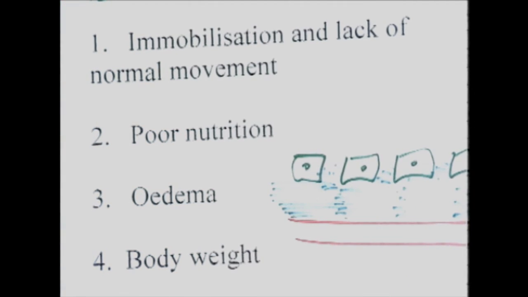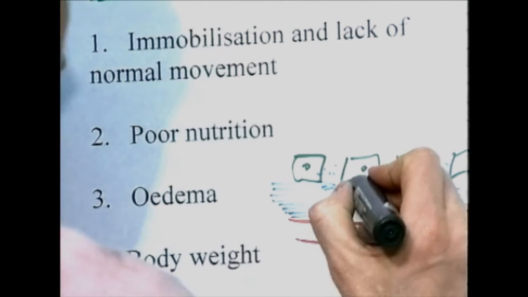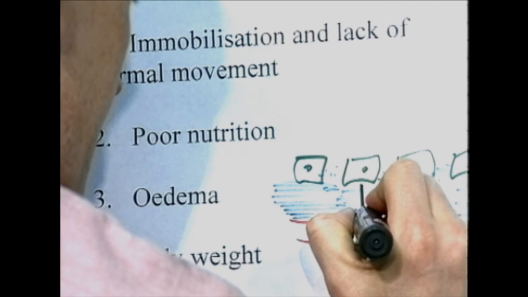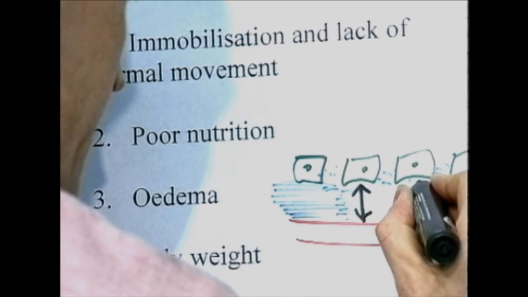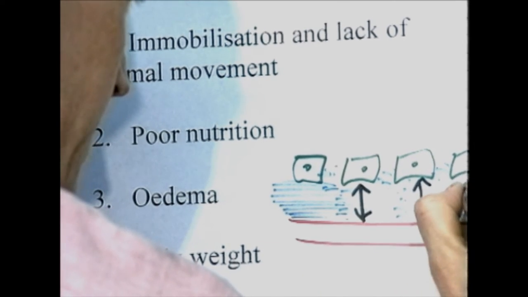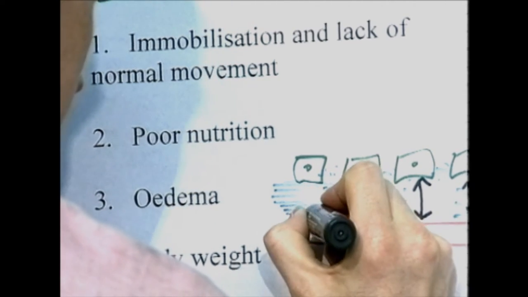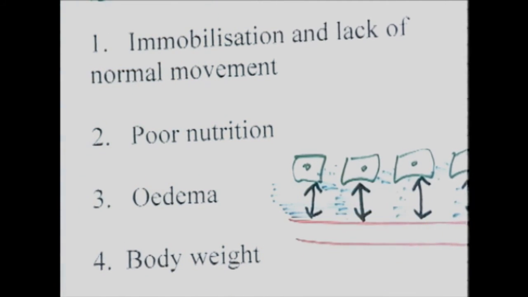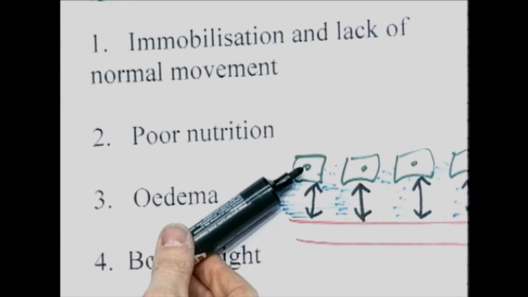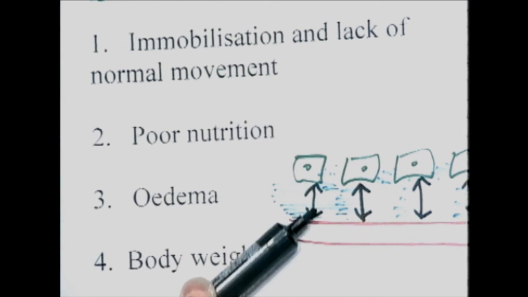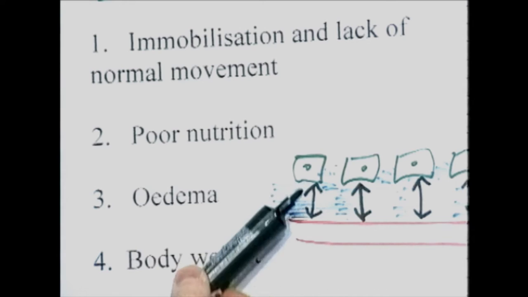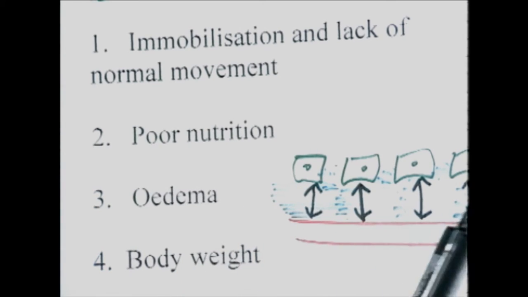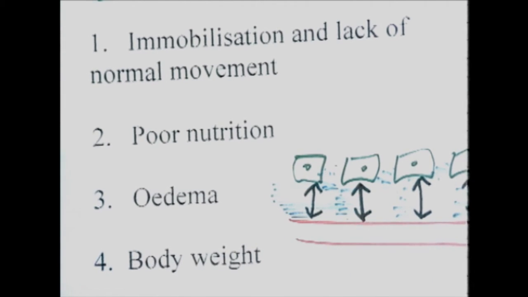And if there's more fluid there, I think you can see that that is going to have the effect of increasing the distance from the cells to the capillaries and from the capillaries to the cells. Therefore, in order for the cells to become oxygenated, the oxygen must diffuse over a greater distance because of the increased amount of tissue fluid, which is, in fact, the edema. Therefore, the cells will become hypoxic.